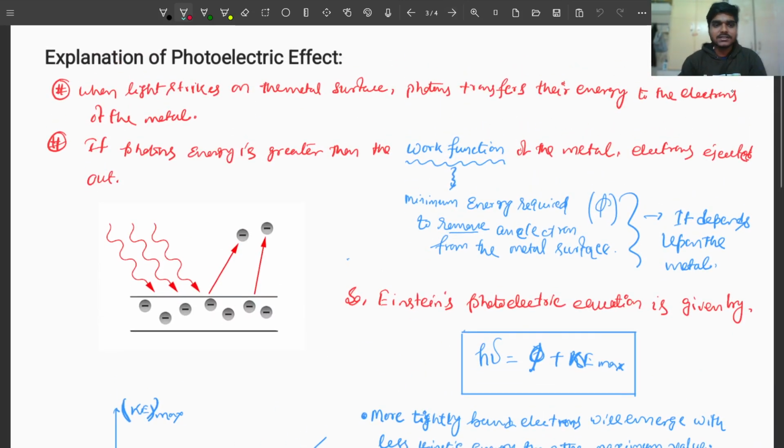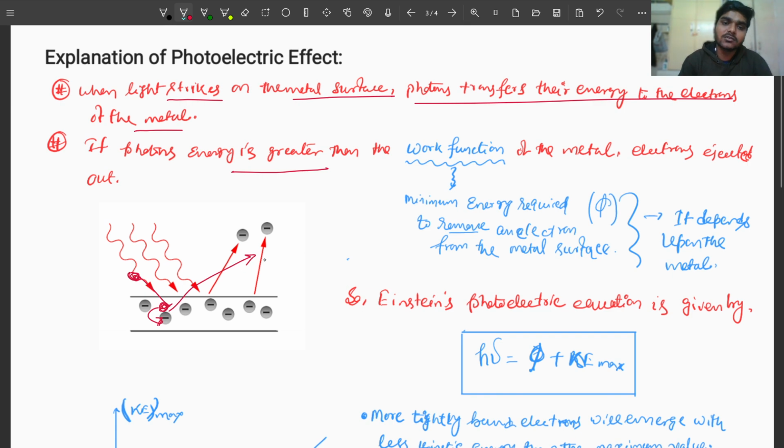Now Einstein explained that whenever light strikes the metal surface, the photon transfers its energy to the electrons of the metal. So let's say this is a photon, and whenever it strikes the electron, this energy is transferred to the electron, and if the photon has enough energy, then the electron will come out of the surface. So the photon's energy should be greater than the work function of the metal. So what is the work function?